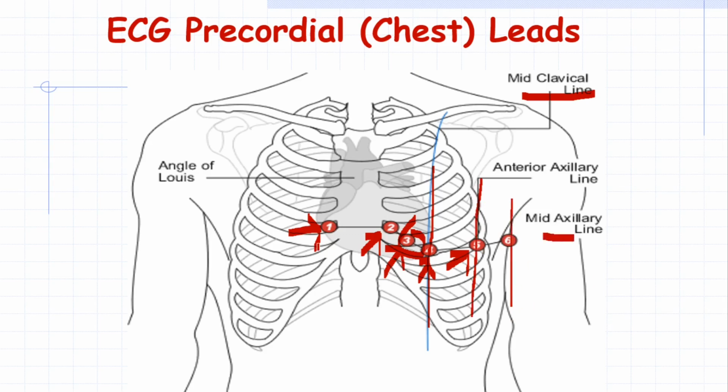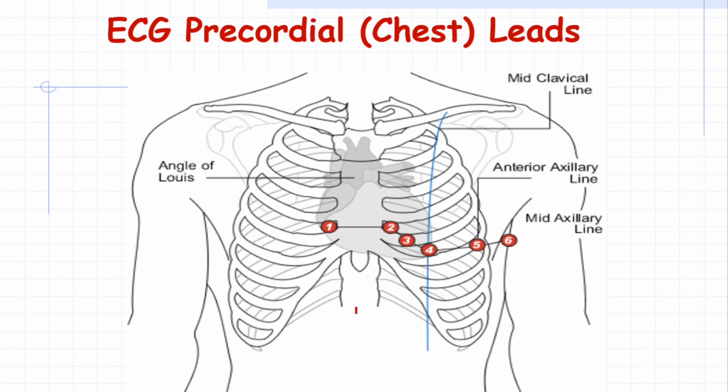So this is how the electrodes are kept over the chest, and they will be going from the anterior to posterior side of the heart. So these leads are called as transverse leads. So the chest leads, they will pass from anterior to posterior side of the chest. So they will represent the transverse or horizontal plane of the heart, while the limb leads, they will go from up to down, that is from the superior to the inferior side of the heart, and from left to right side of the heart.